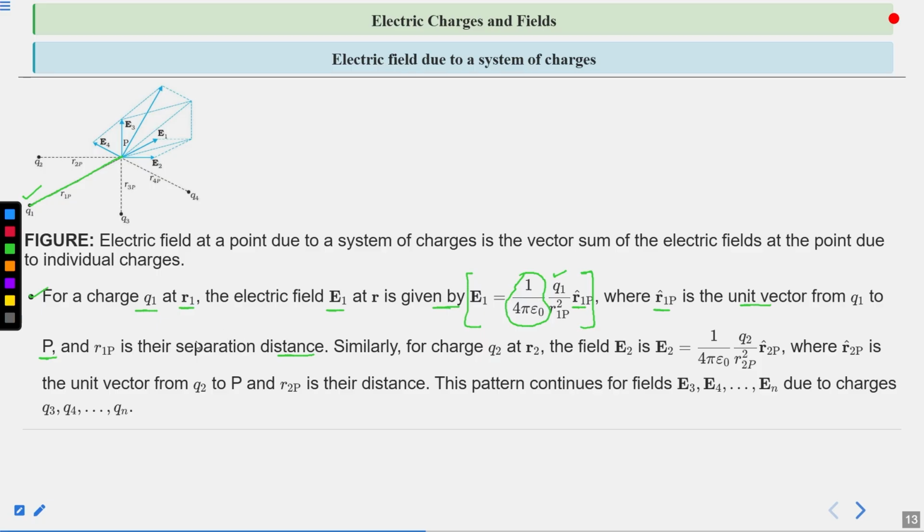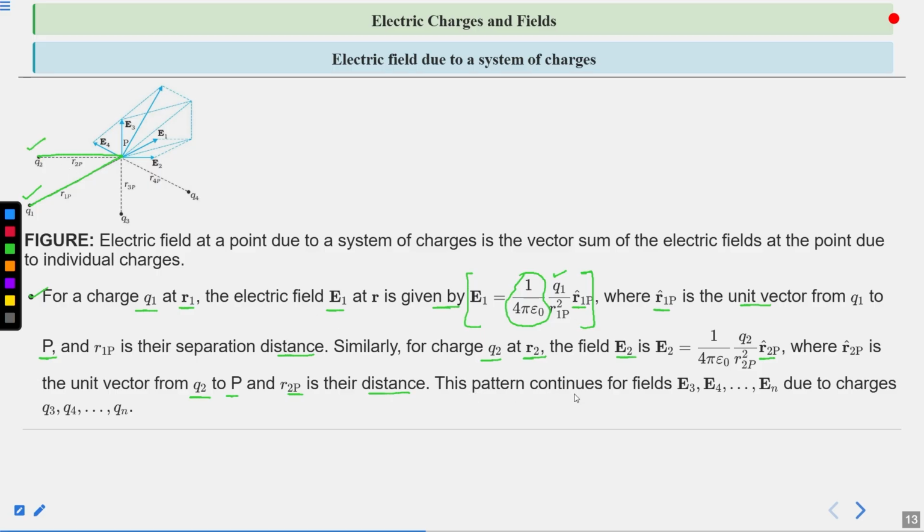Now similarly for the other charges. For charge Q2 at r2, E2 is 1 upon 4 pi epsilon naught, Q2 divided by r square 2P, times r cap 2P, where r cap 2P is the unit vector from Q2 to P and r2P is their distance from the point P where we have to find the electric field due to charge Q2. I hope this is clear.